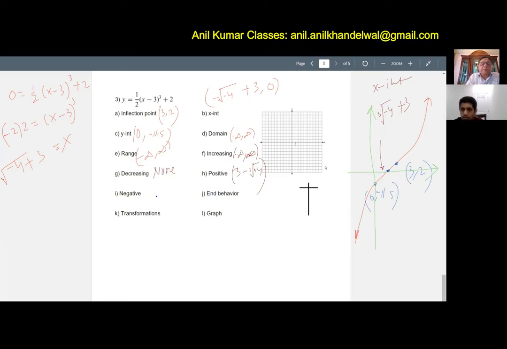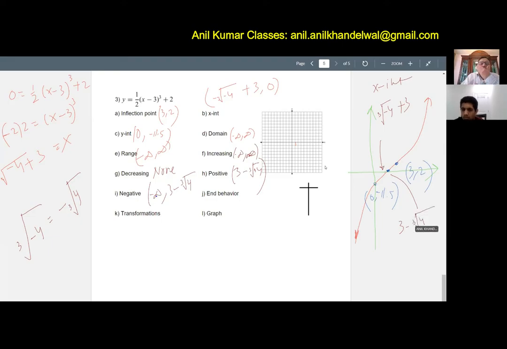Negative between minus infinity and the x-intercept, which is 3 minus cube root of 4. Because cube root of minus 4 is the same as minus the cube root of 4, correct? That is why we are writing this as 3 minus this. So it is on the left side, right?